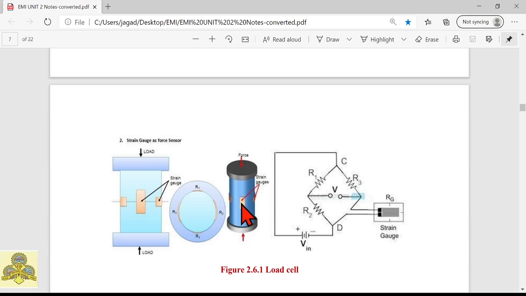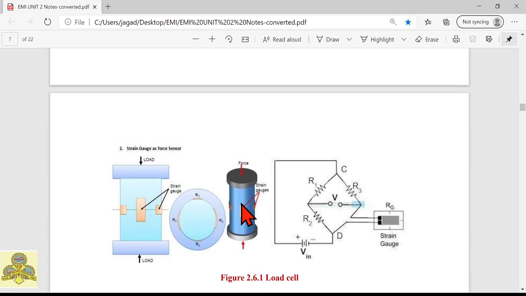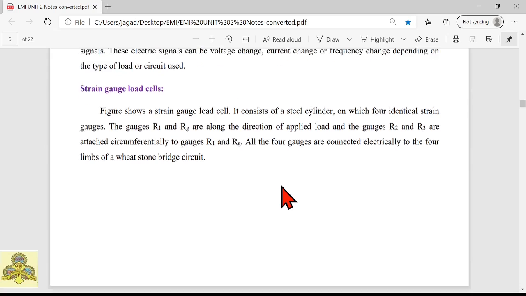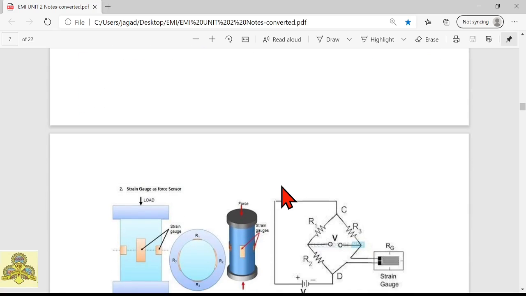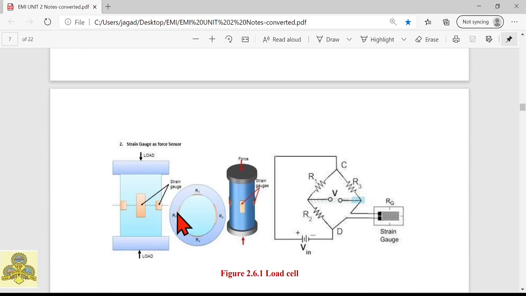Fine, we'll see how this load cell is constructed. Load cell is basically one cylinder, isn't it? With the cylinder, we have some identical strain gauges. The number of strain gauges applied here: 1, 2, 3, and 4. There are 4 strain gauges here.